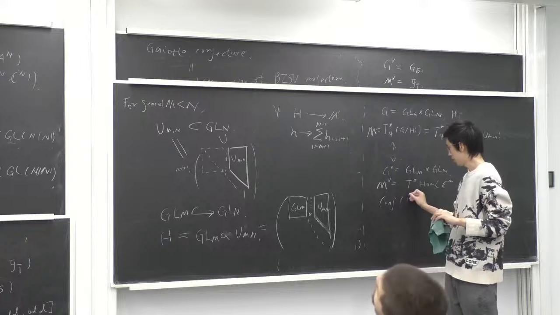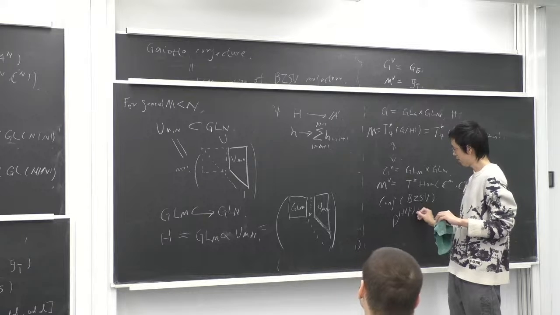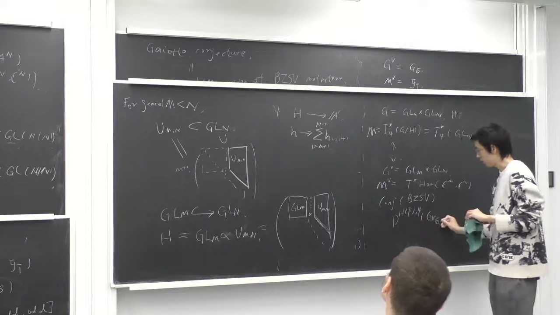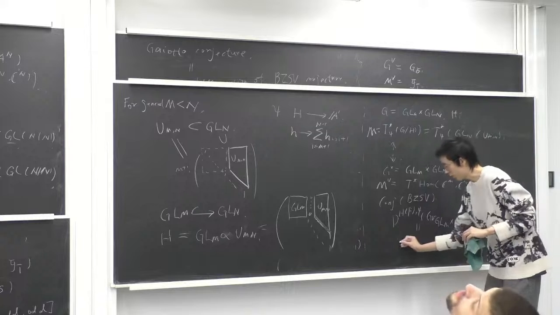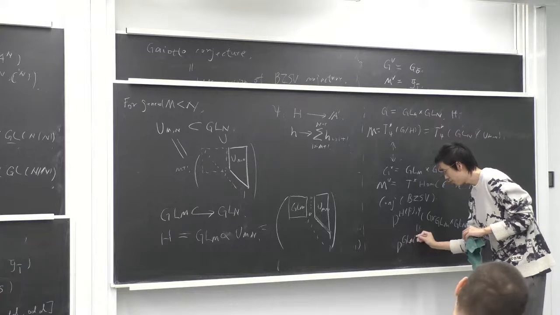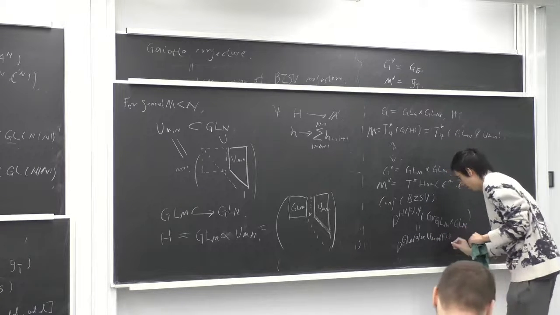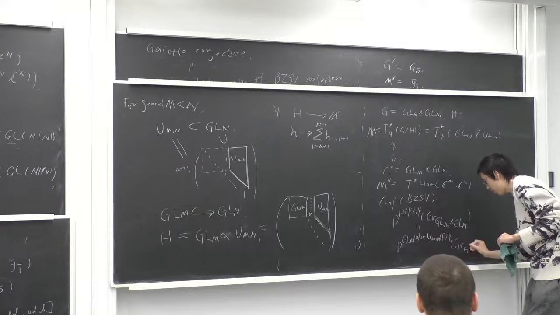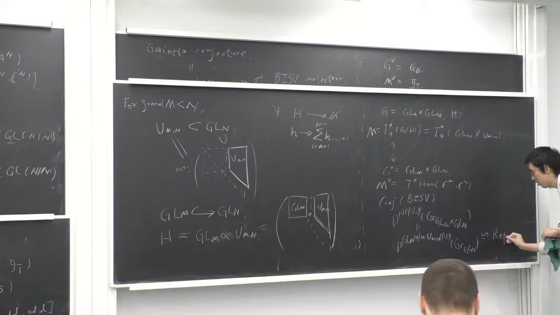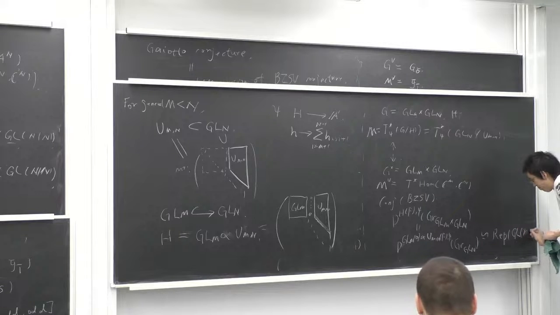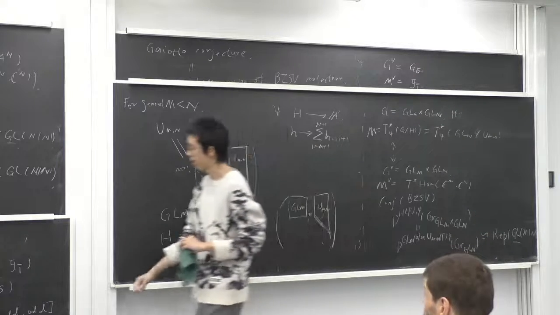For the first, it just says the category of H, F, C equivariant modules of the Grassmannian associated with GLM times GLN, which is equivalent to the category of GLM semi-direct with UNN, F, C equivariant modules of the Grassmannian associated with GLN, is equivalent to the category of representations of the degenerate supergroup corresponding to GL(M|N).